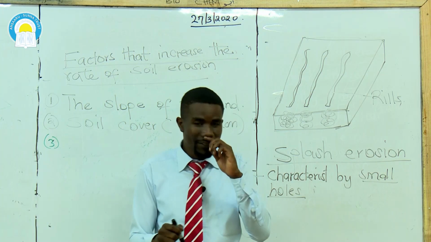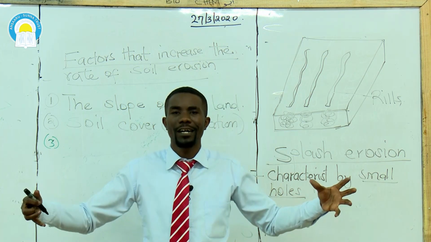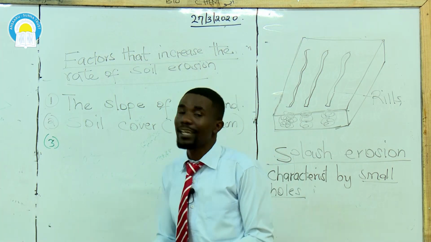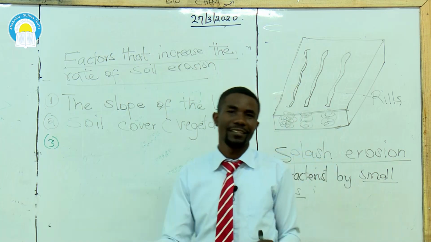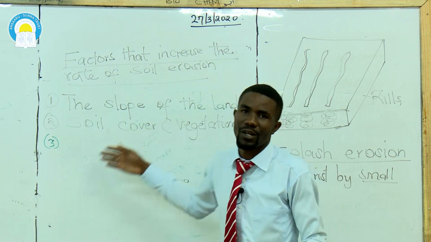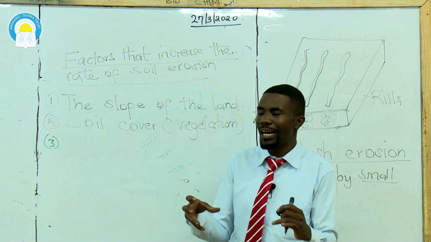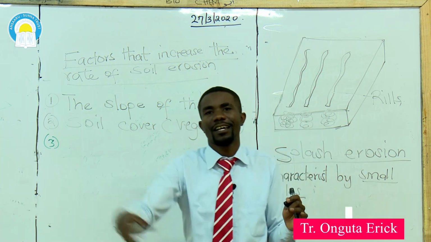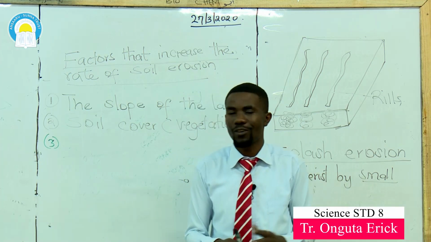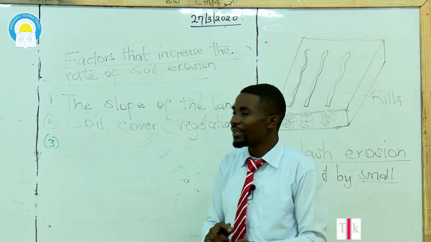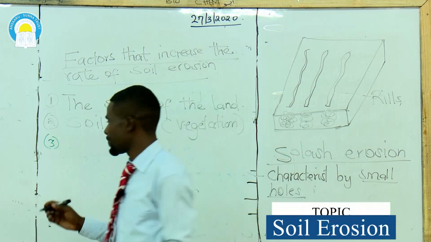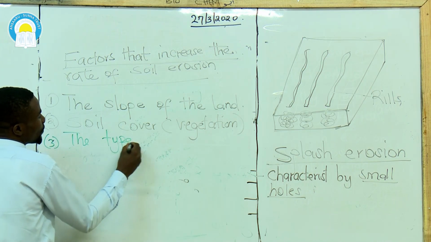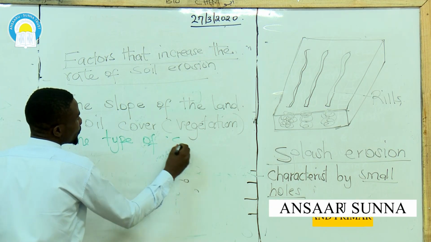You will realize that the sandy soils are loosely packed as compared to the clay soil. So in case of any wind, in case of any running water, the ones which are not compacted will be easily carried away as compared to the ones which are compacted together. So we talk of the type of soil.